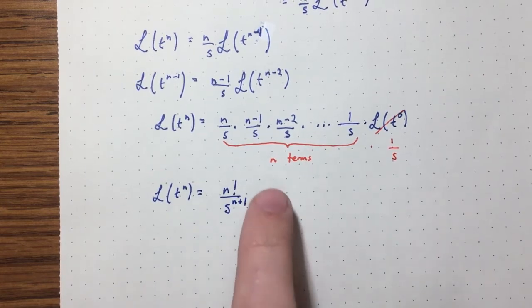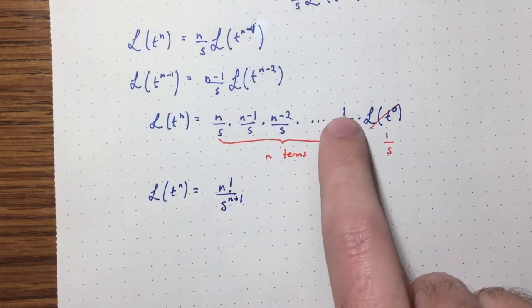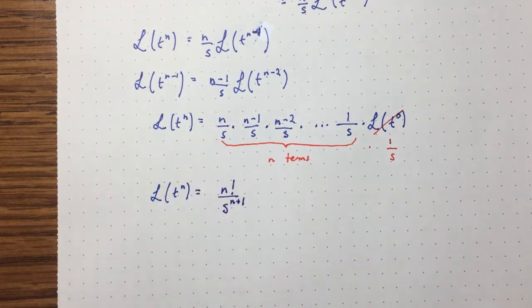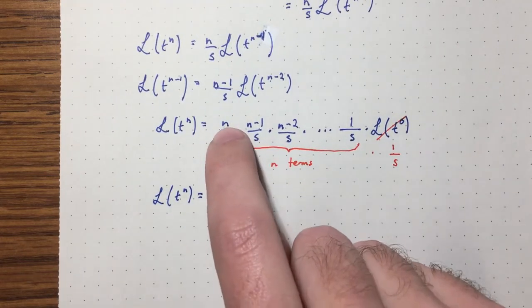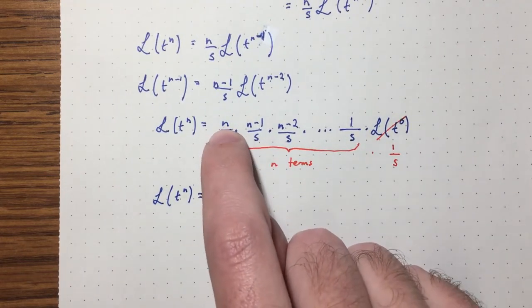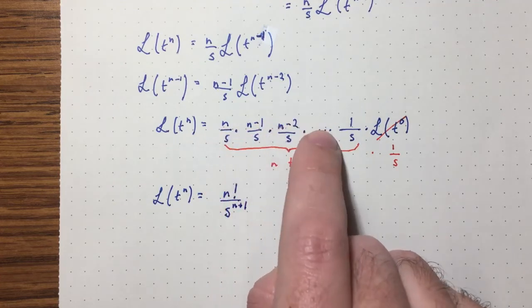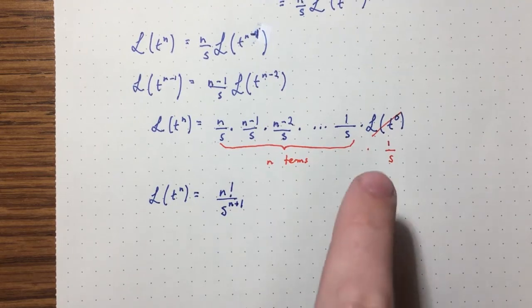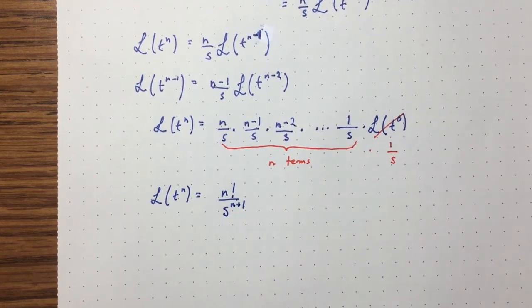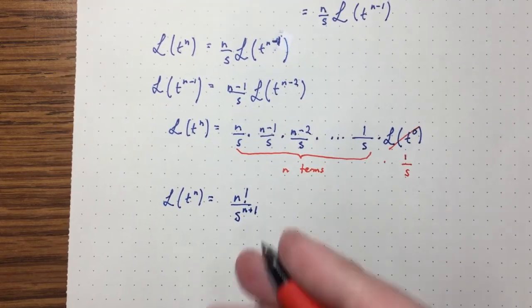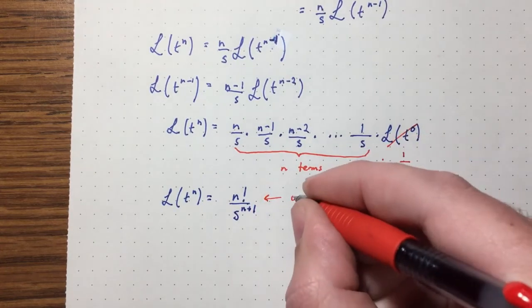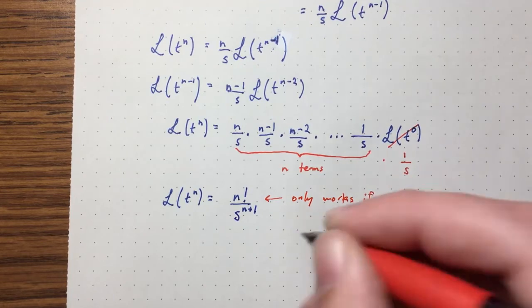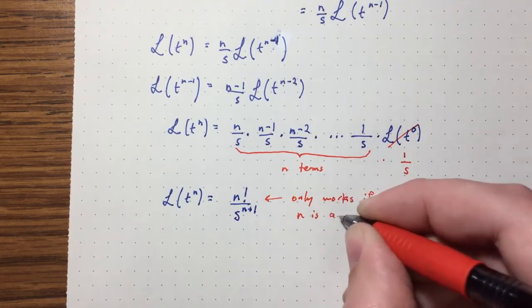But we should be careful here. How do we know we're going to get down to 1 eventually? Well, that will always be true as long as n is a positive integer. But what if n was something like 5.2? This would be 4.2, 3.2, 2.2, 1.2, 0.2. We wouldn't ever be able to get down to 1 and then to 0. So this formula only works if n is a positive integer.